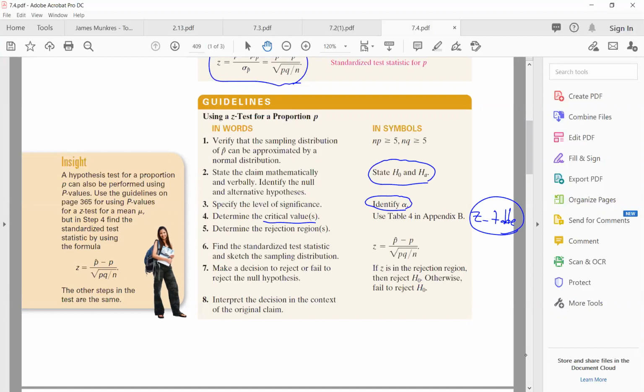Then identify the rejection region. After that, you have to find your test statistic, p hat minus p, divided by square root of pq over n. Then you need to decide if this z is inside the rejection region, so reject the null hypothesis, or z is outside the rejection region, so fail to reject the null hypothesis. Very well.